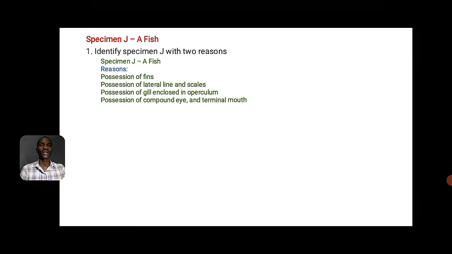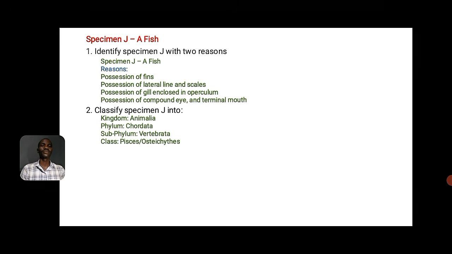Presence of terminal mouth. Then the second one is classify specimen J into kingdom, phylum, and class. So like we used to do, our kingdom is Animalia, phylum is Chordata, subphylum is Vertebrata, and then class is Pisces or Osteichthyes. Now, if you want to pick Osteichthyes, you must be able to identify the fish you are given.